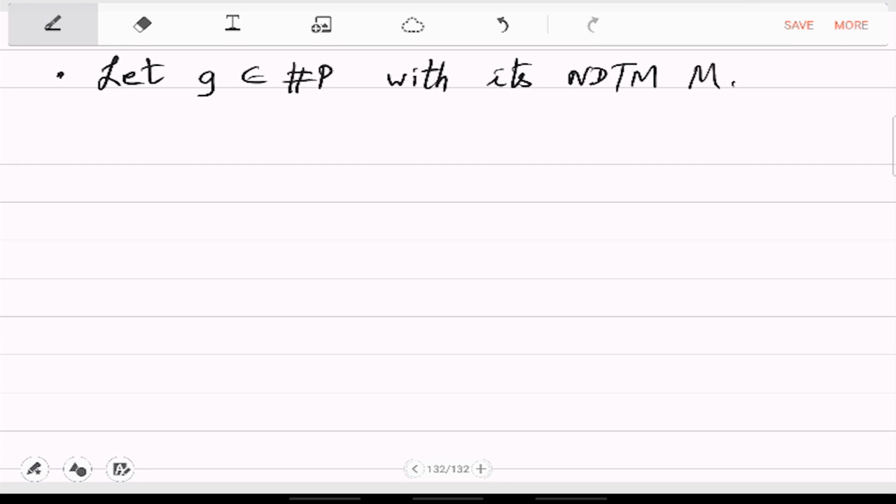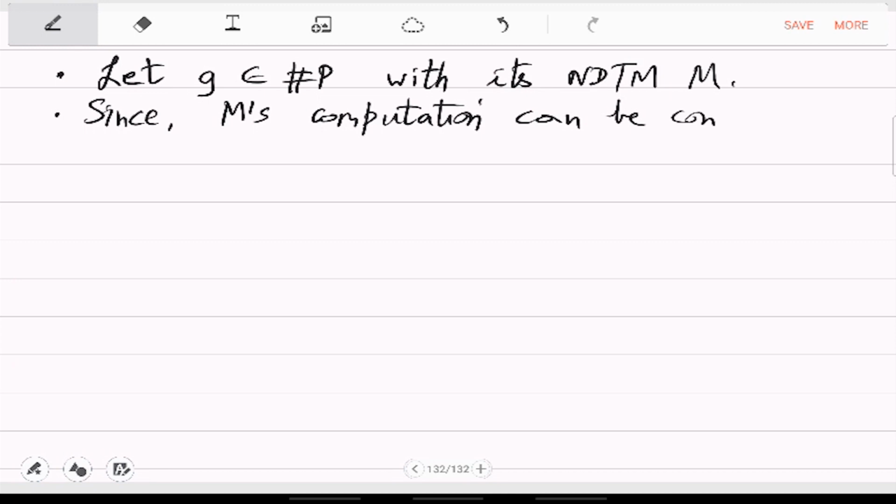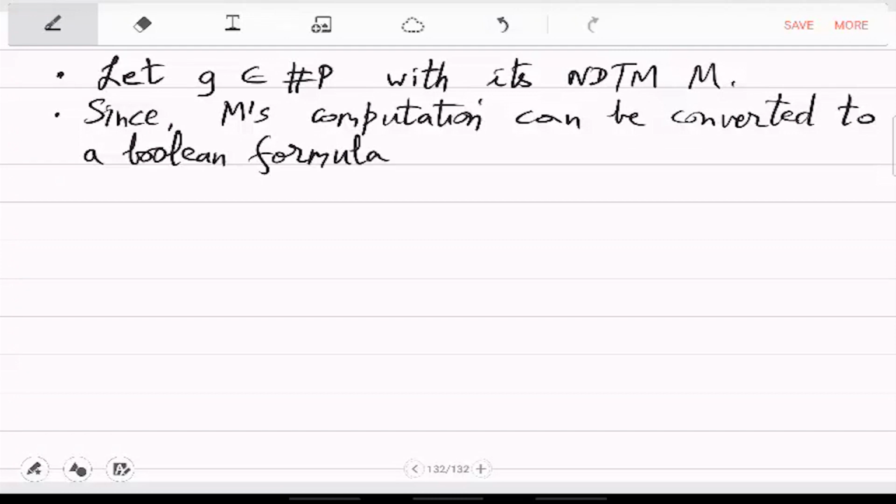So G is computing the number of accepting paths of an NDTM M. So since M's computation can be converted to a Boolean formula, okay, M's computation can be converted to a Boolean formula by Cook-Levin.